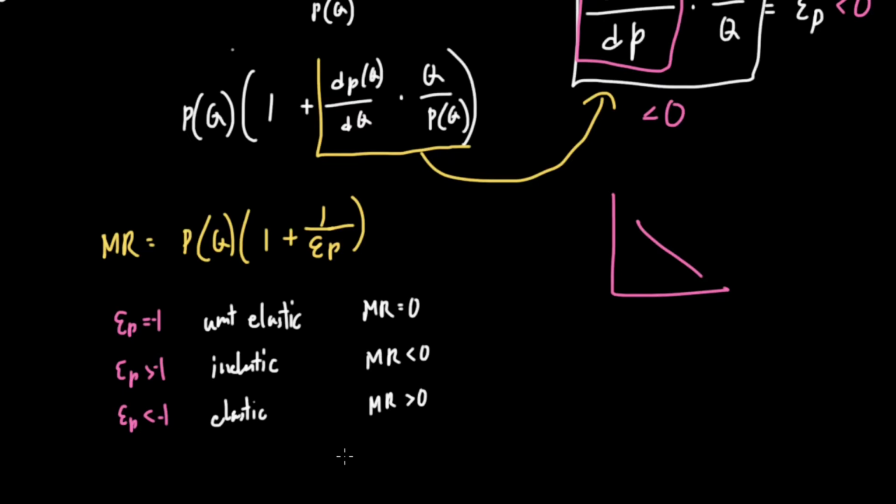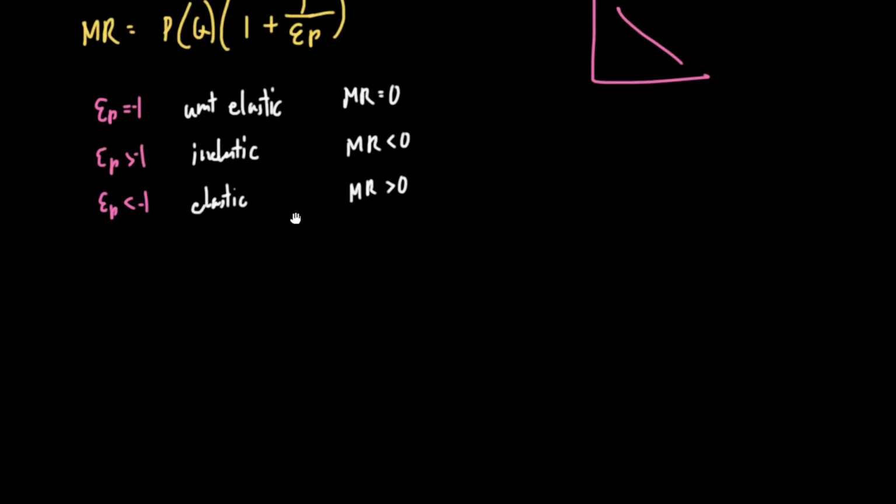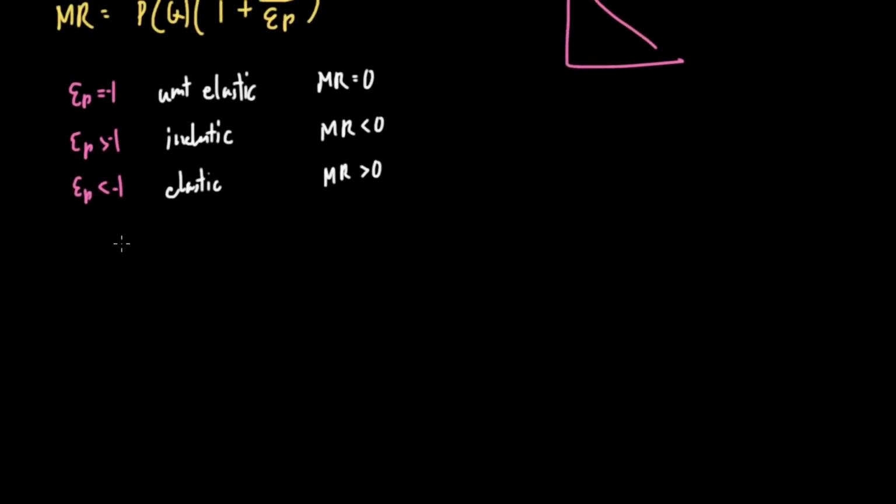You might be asking, why is marginal revenue affected by EP? How does this add up with intuition? What's all of this for? Well, let me just draw a demand curve here and label this properly.